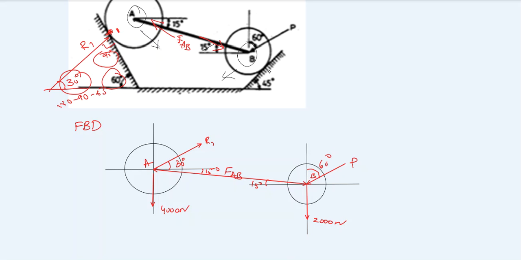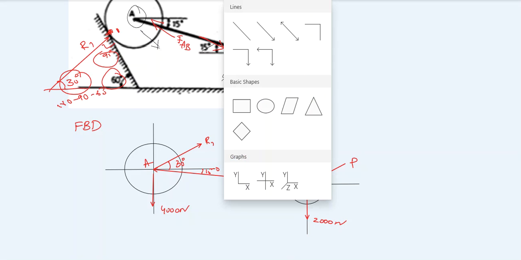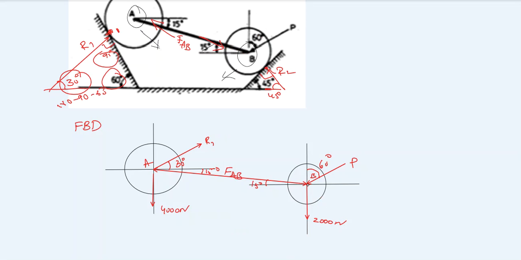Now we have a contact surface. Similarly, R1, we have R2. R2 has an angle 45 degrees, because this is 90 degrees, this is 45, so automatically this is 45. So R2 makes an angle 45 degrees to the horizontal. If you have any doubt, just do one thing.